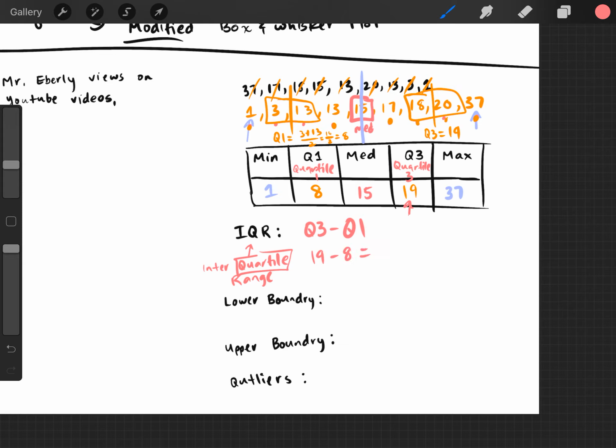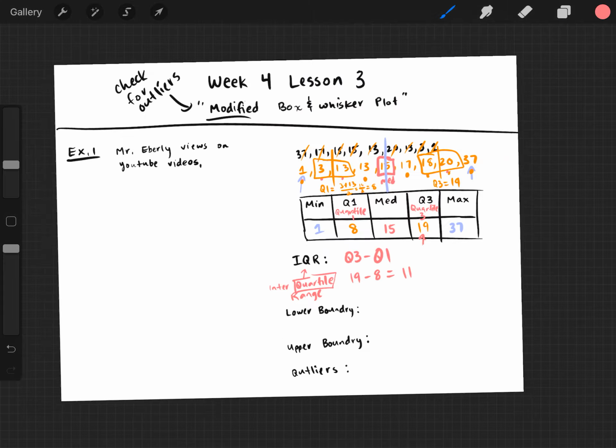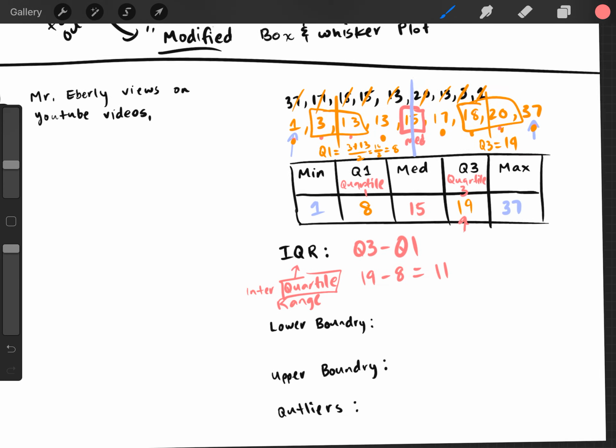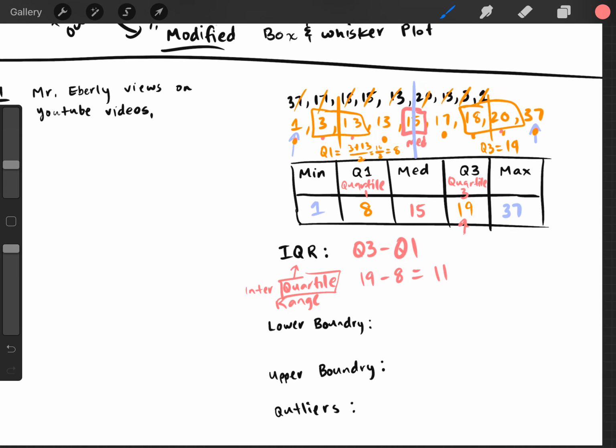Q3 is quartile 3 because it's splitting our data up into quarters, right? So to find the interquartile range, we're just going to go Q3 minus Q1. And that's going to tell us our range, but for the quartiles, right? So Q3 is 19 minus Q1 is 8.